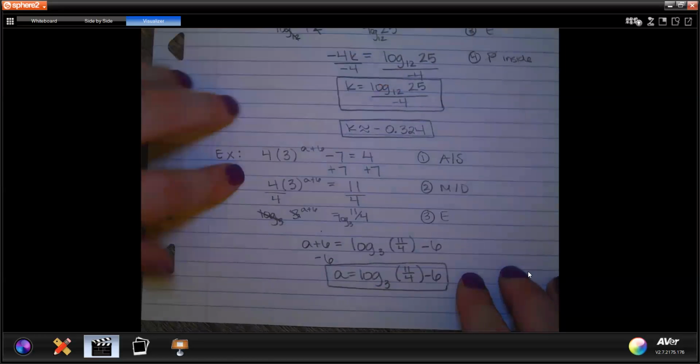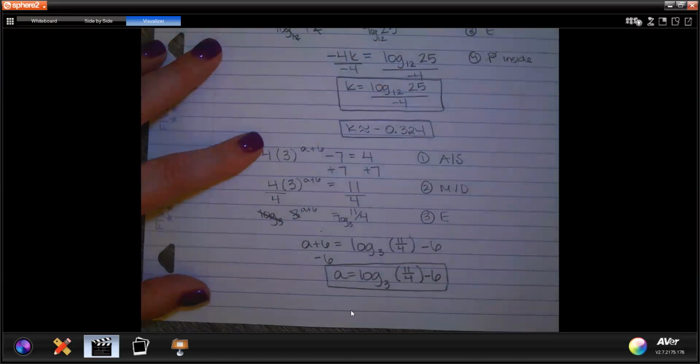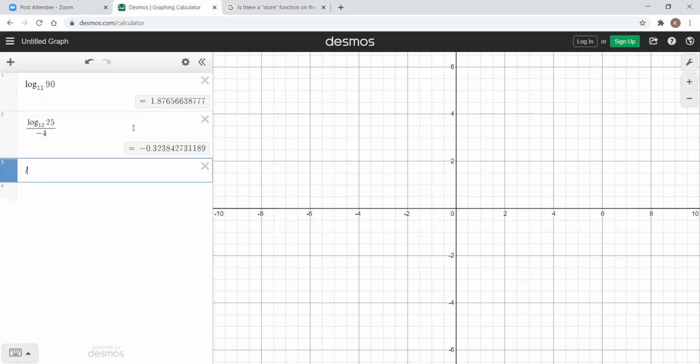And then to get my approximate answer, I'm going to go ahead and type that in on Desmos. So I've got log base 3 of 11 over 4. Oops, I had some extra parentheses I didn't need, with a minus 6 on the end.